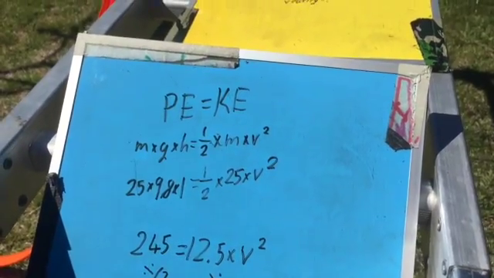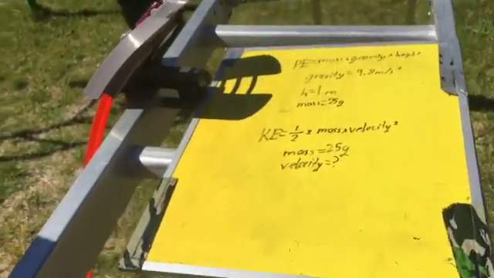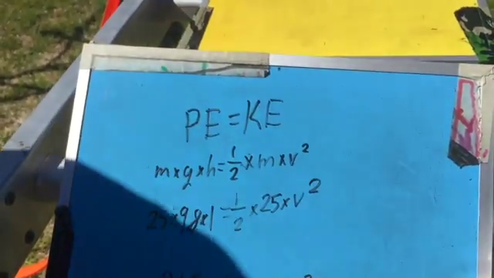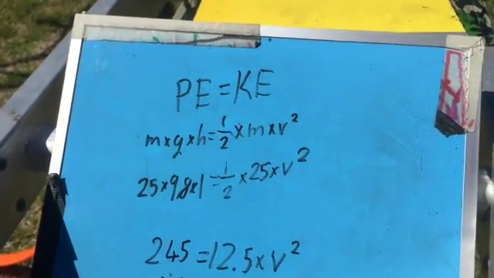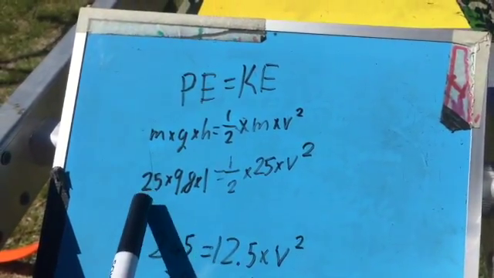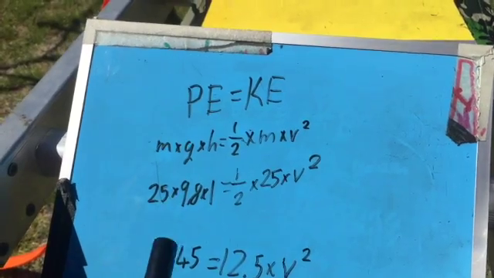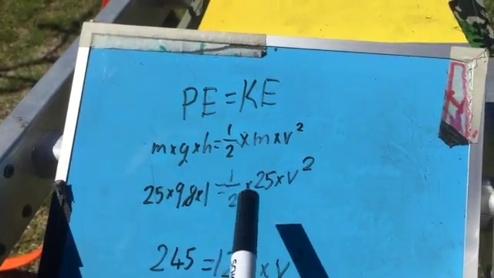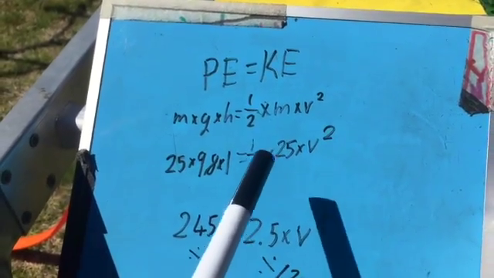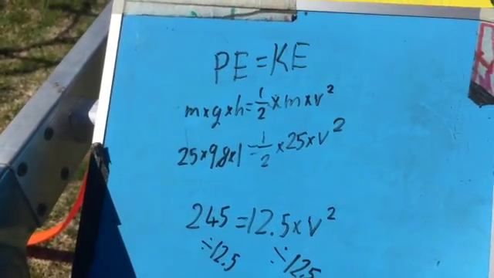You remember those formulas? They're the formulas from here. Because we know that potential energy equals kinetic, we've got all of those things which equal each other. And if we just plug in the numbers, we've got 25 grams times 9.8 times 1 equals 1/2 times 25 times velocity squared.